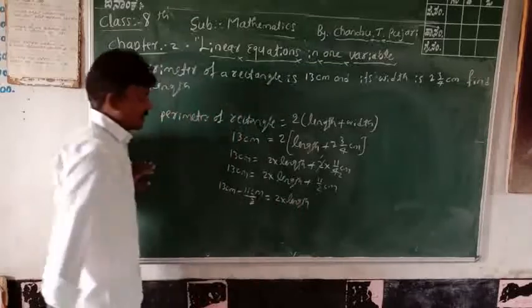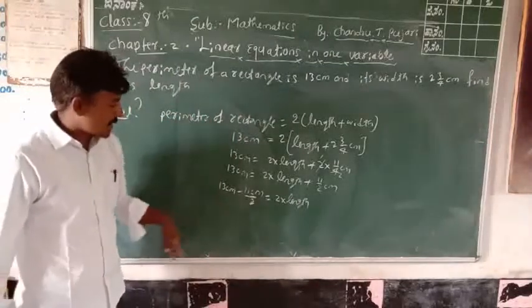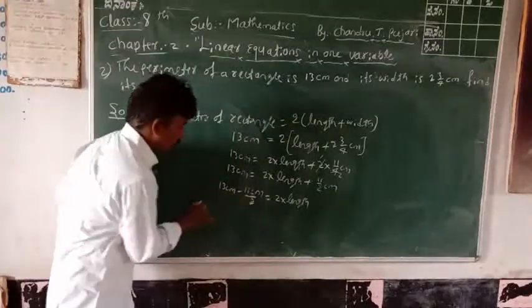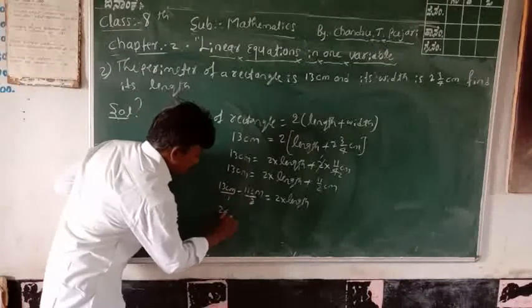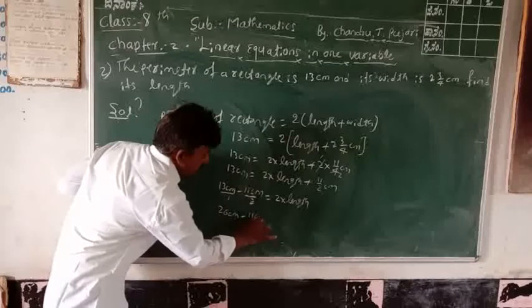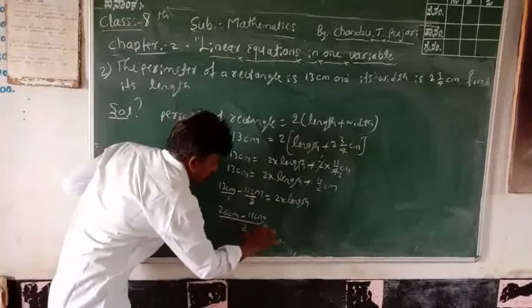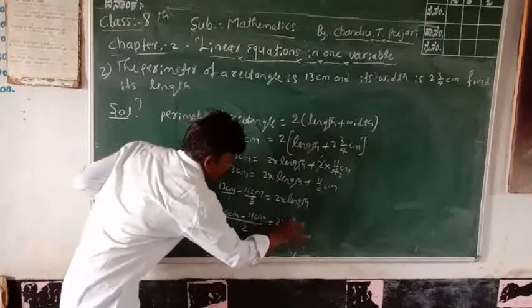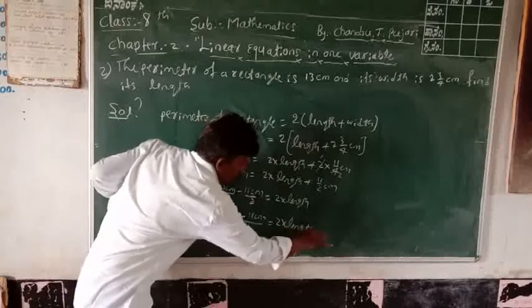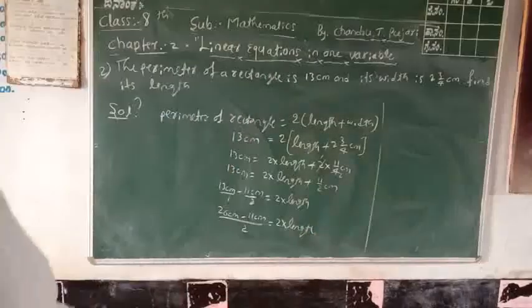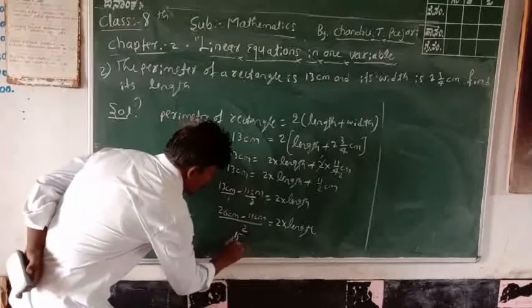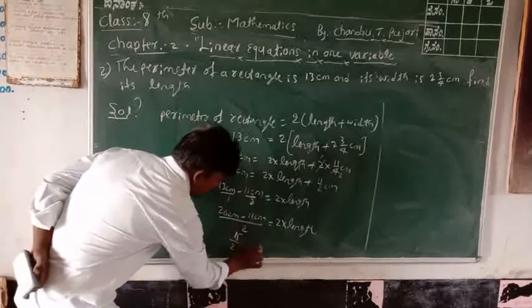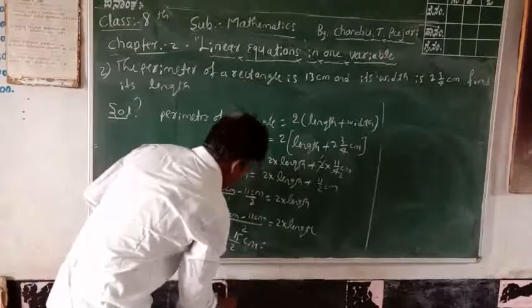Next, take the LCM: 13 twos are 26 centimeters minus 11 centimeters divided by 2 is equal to 2 into length. The next simplification: 26 minus 11 is 15, so 15 divided by 2 into 2 centimeters is equal to the length.